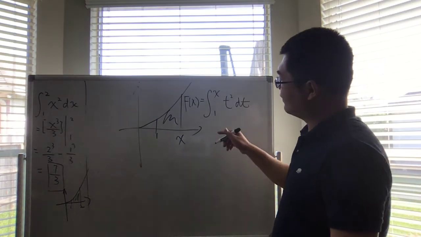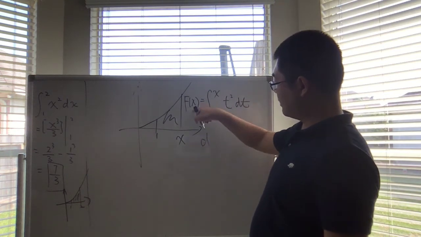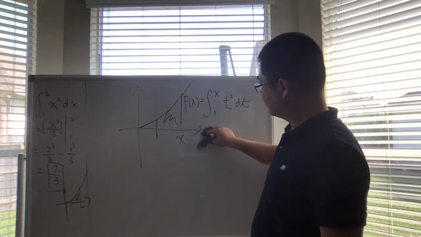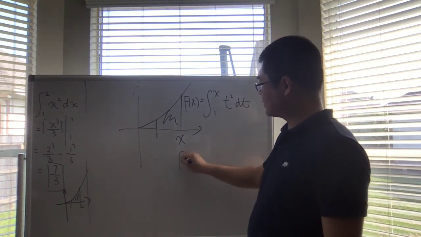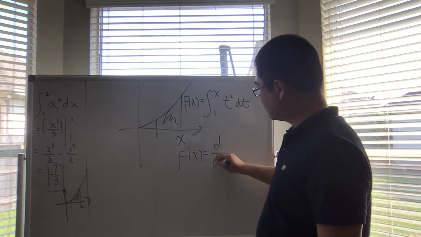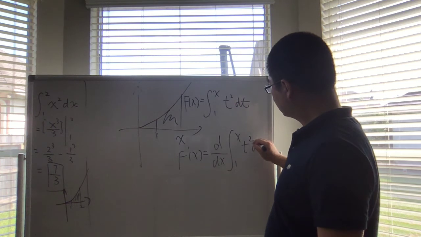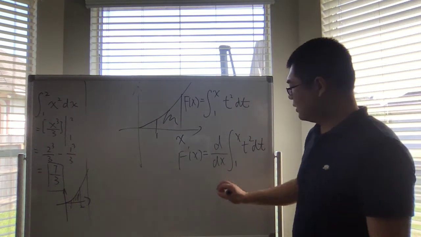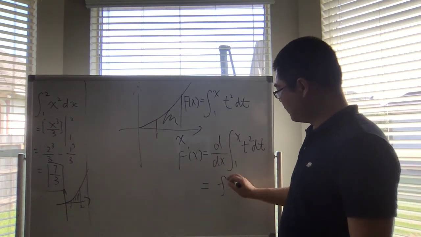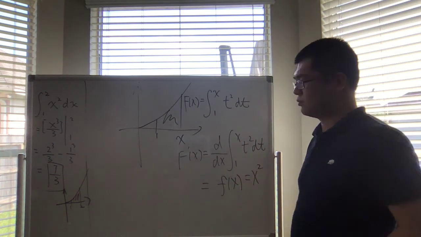And the fundamental theorem of calculus part 1 says that if you take the derivative of this capital F(x), that result gives you its f(x), which is x squared, okay?